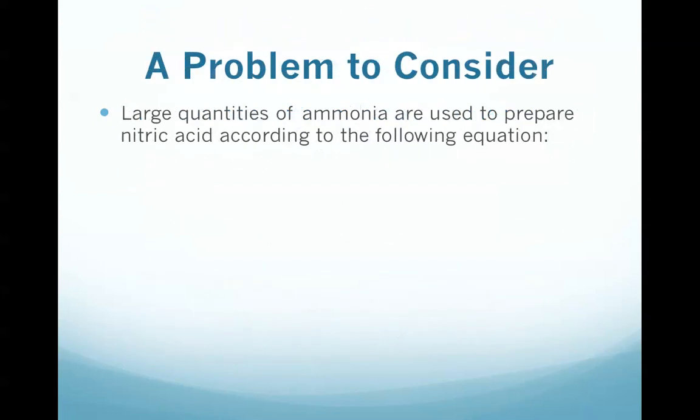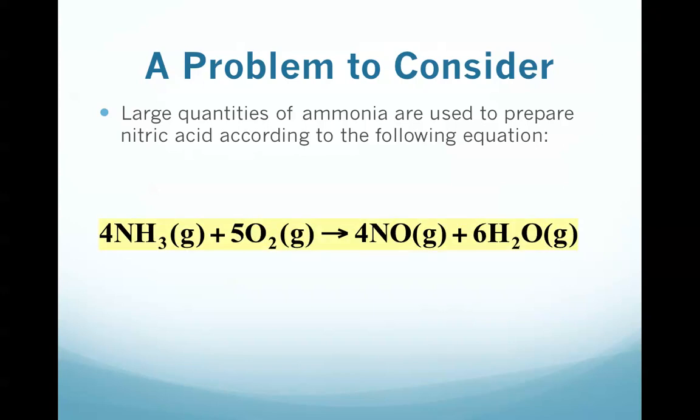All right, so a problem to consider. Large quantities of ammonia are used to prepare nitric acid according to the following equation. Don't forget here, I don't have a 1-to-1 mole ratio of each one of my substances. So the value that you will get on that table is only going to be for 1 mole of that substance. So you have to multiply it by 4, 5, 4, 6.